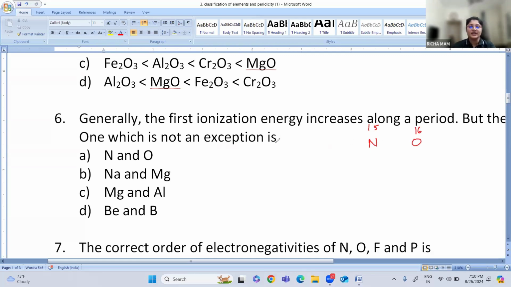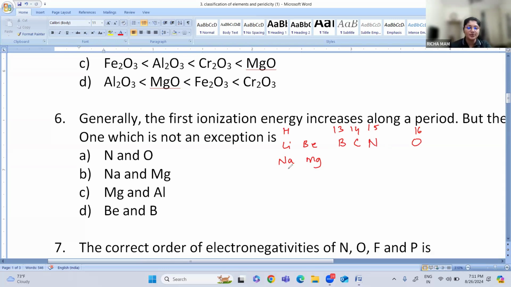Then sodium, magnesium, beryllium. Hydrogen comes first, then lithium, beryllium, then sodium, magnesium. In the same row up here will be nitrogen and oxygen. And boron is here beside group 13. So this is 13, then comes 14, 15 and 16, so here carbon and nitrogen come. So this is the placement.